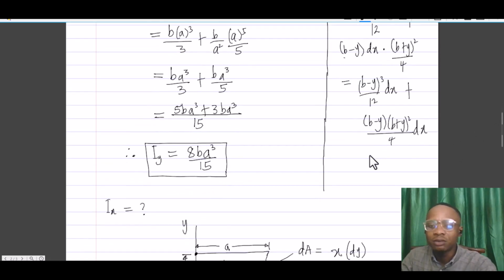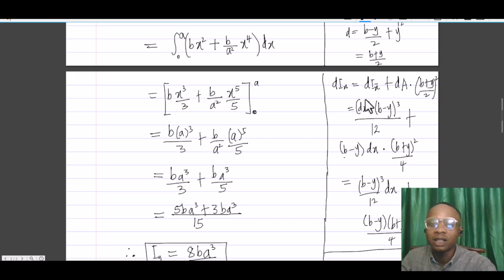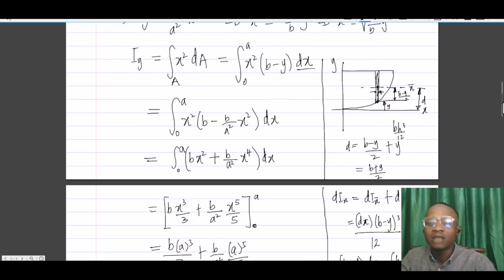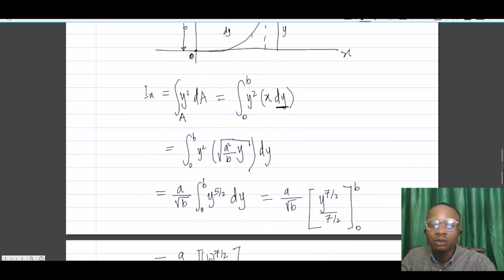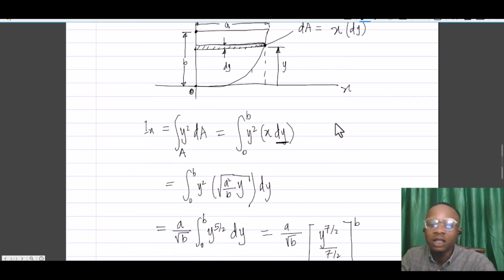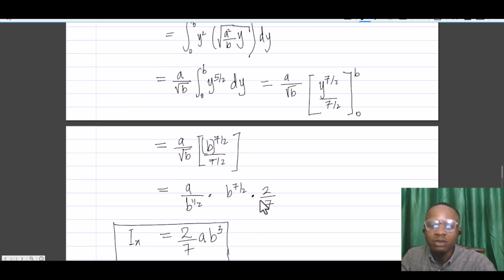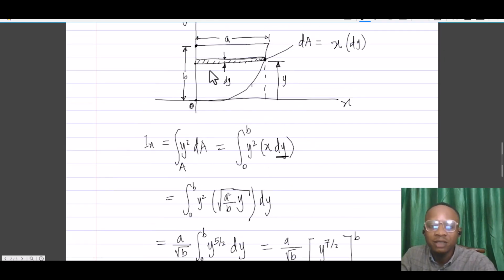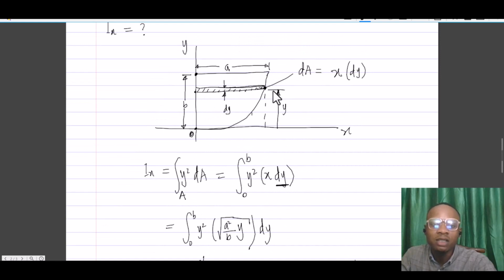Now that is that for if you wanted to use that same horizontal or vertical strip to get the moments of inertia about the x-axis. So let us have a look at this second one. We have used it for moments of inertia about the x-axis and we have our results. Now what if we wanted to use this same thing for moments of inertia about the y-axis? Now you see the difference. This is the elemental area.